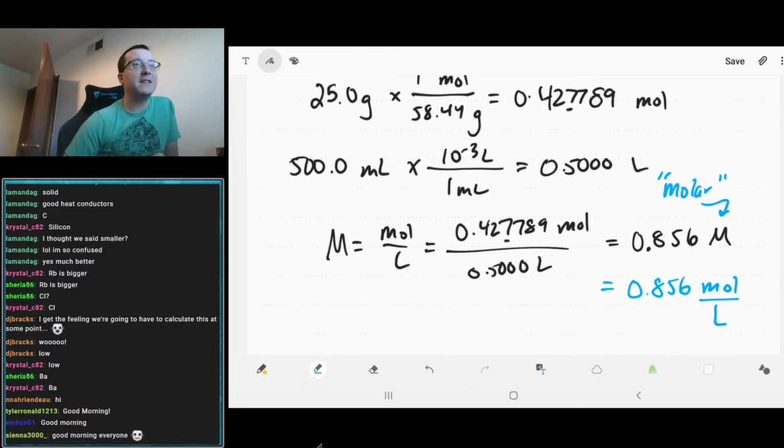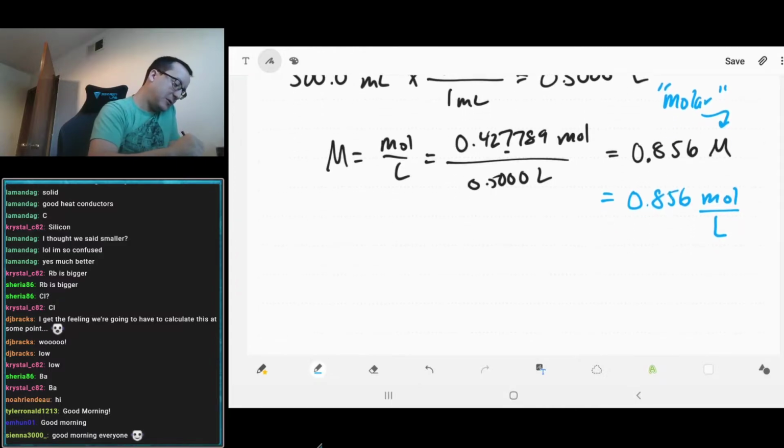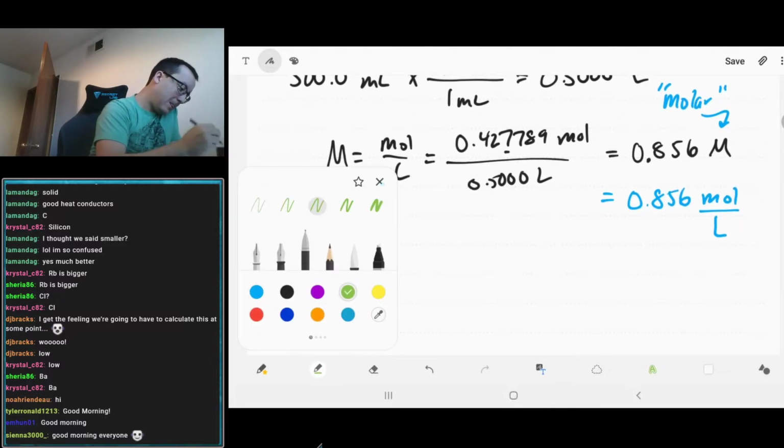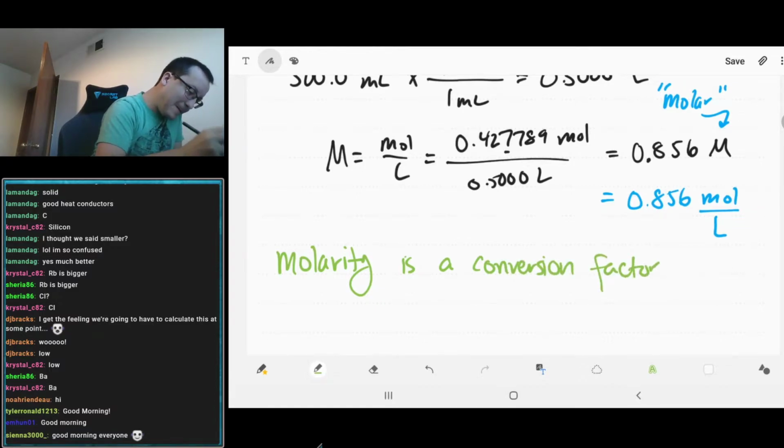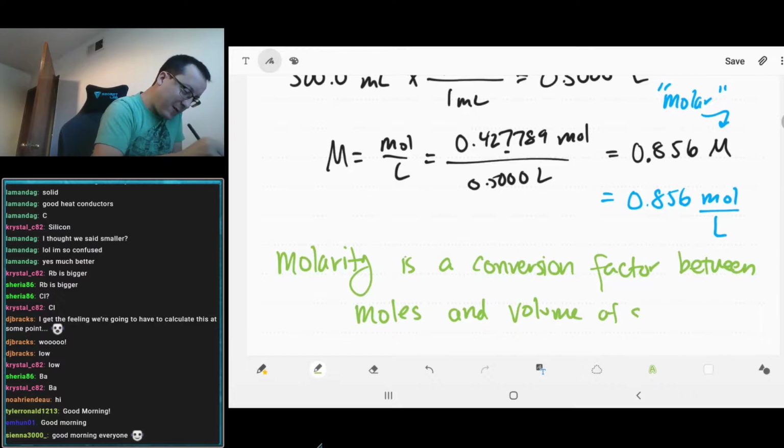Okay, so this is how we're going to talk about concentration. And as we can see here, molarity is a conversion factor between moles and volume of solution.